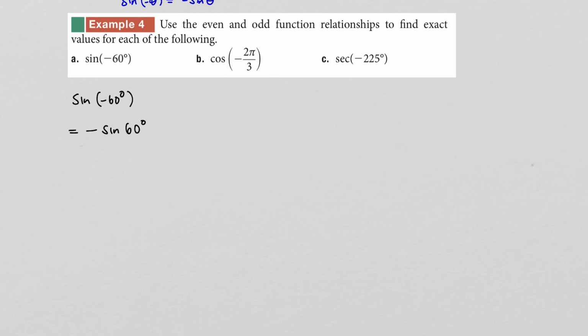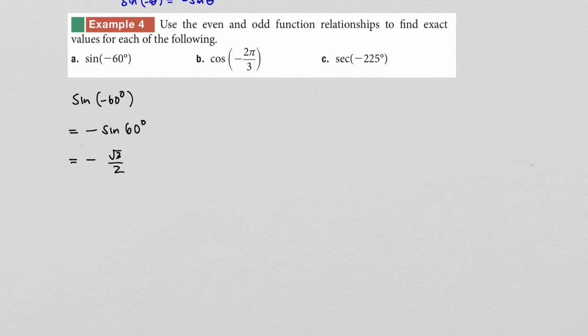And this is because sine is an odd function. So when you have an odd function, it's kind of like the negative gets factored out, okay? And then we can complete this by saying this is negative radical 3 over 2, because we know the sine of 60 is radical 3 over 2.